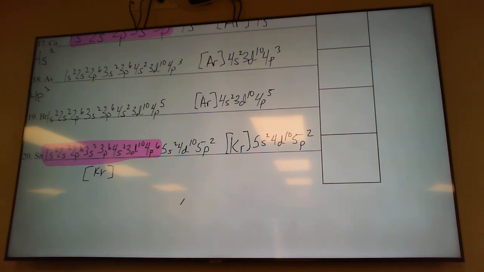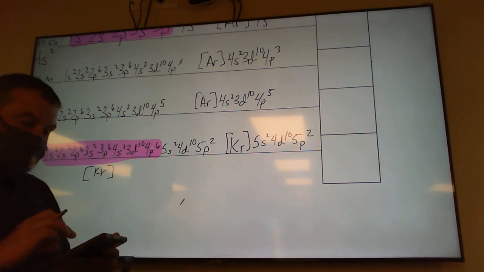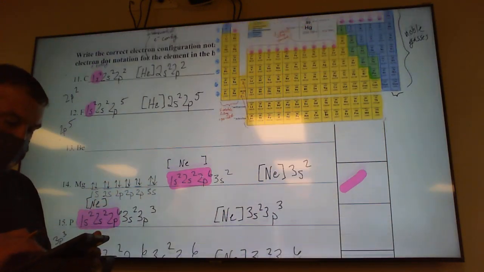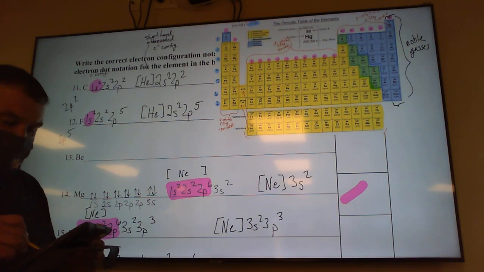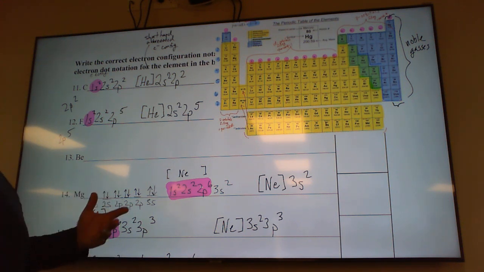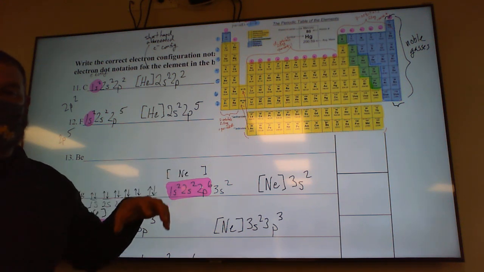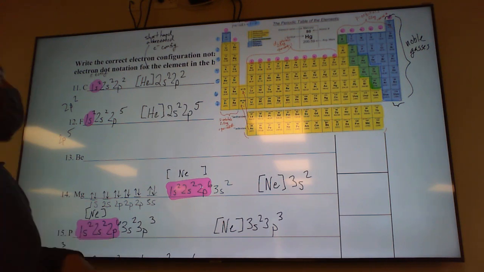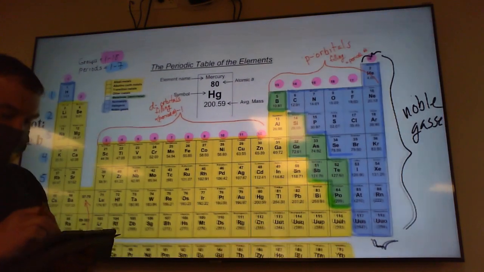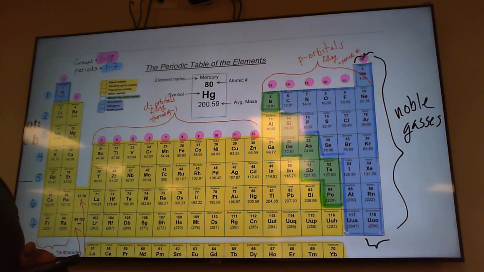The last one that you have to know is called electron dot, and this is the easiest one. When we have electron dot, what we're looking for is how many outer shell electrons an element has. The outer shell electrons are based on your s and p orbitals that are in the same energy level. If I look at group 1, every element in group 1 ends in 1s1, 2s1, 3s1, 4s1, 5s1, 6s1, 7s1.